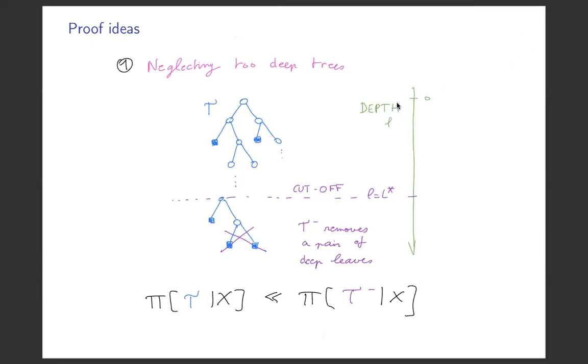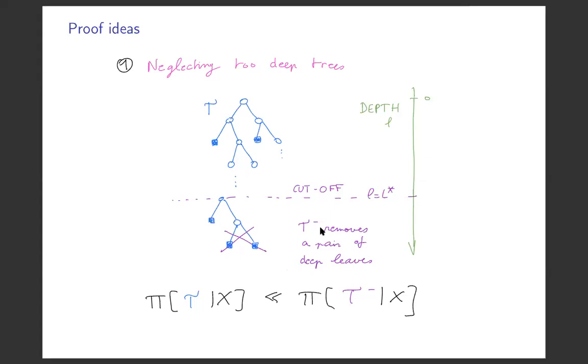Quickly, some proof ideas. There are two elements. It may look a bit hand-wavy, but I just want to give a little bit of the idea of how you prove this sup-norm result. On the one hand, you don't want your posterior to select too deep trees.